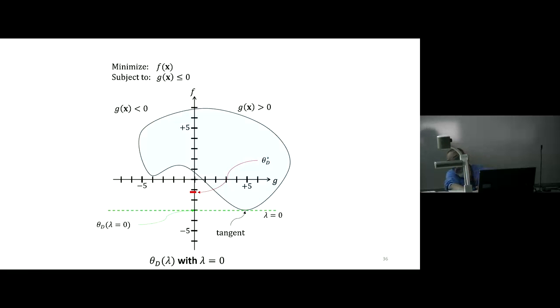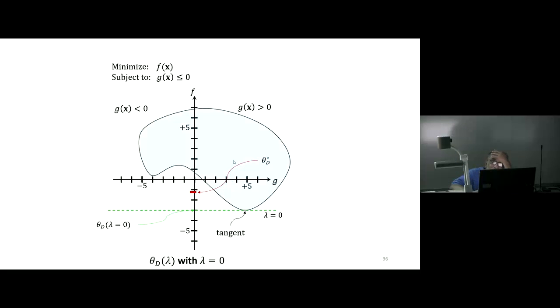When we did the primal, we did a horizontal line, but then we ignored the infeasible region, only the left side of this vertical axis. That's how we determined theta p star.